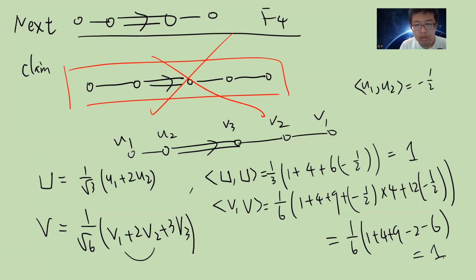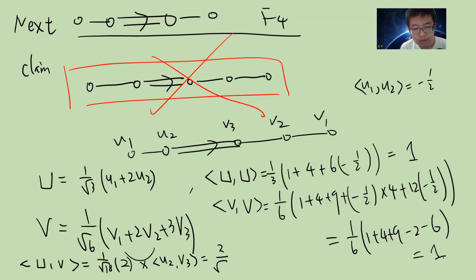Okay, and let's also check. There's a simple calculation. So what is UV? So UV is 1 over square root of 18, and the only non-trivial term is U2 V3.